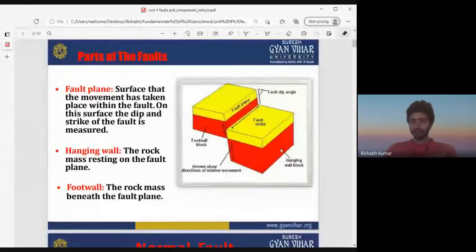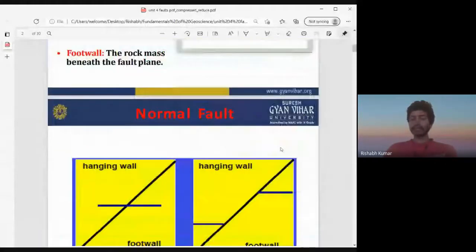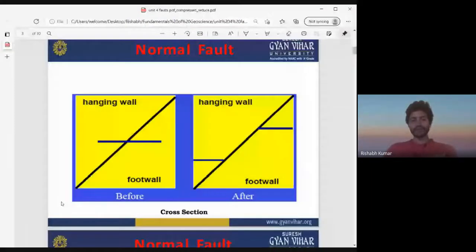Because it is on this side of the fault plane, right? यहाँ भी आपकी hanging wall स्लाइड करके नीचे आ जाए, but it will still be considered hanging wall because this side is considered upside from the fault plane.